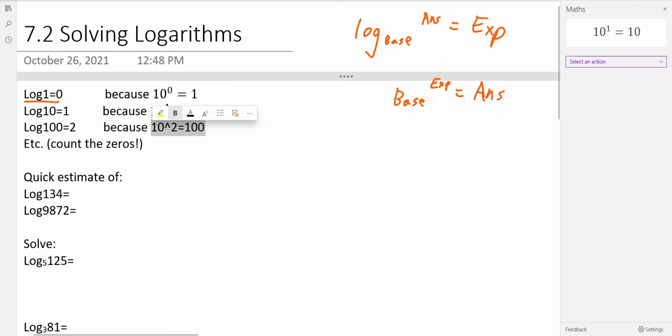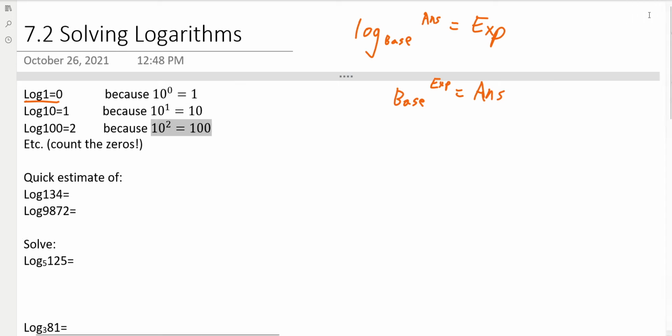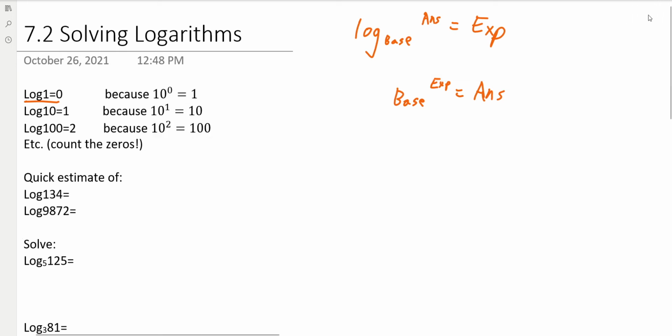My bad. Anyway, if we look at this, the exponent is the 0, and the 1 is the answer. So hopefully you can see how that's based off of this.